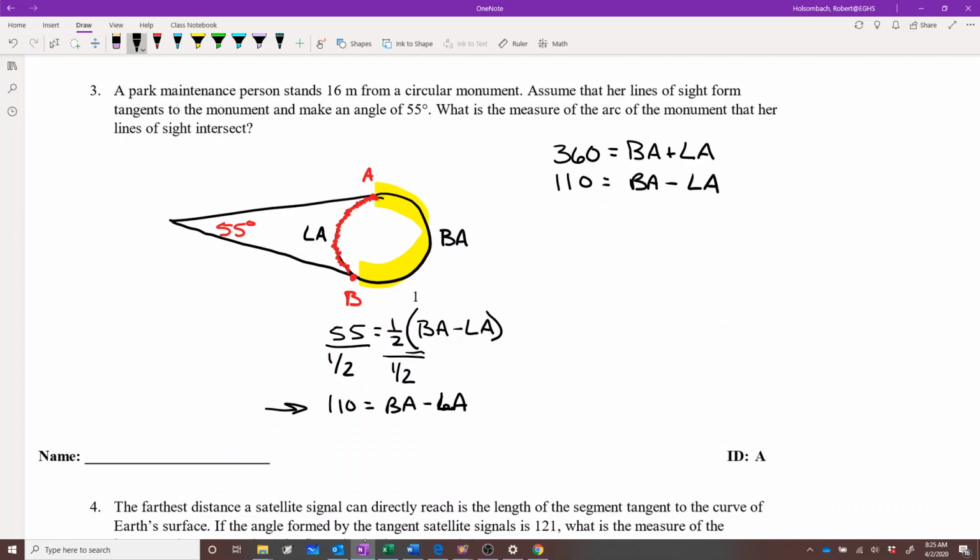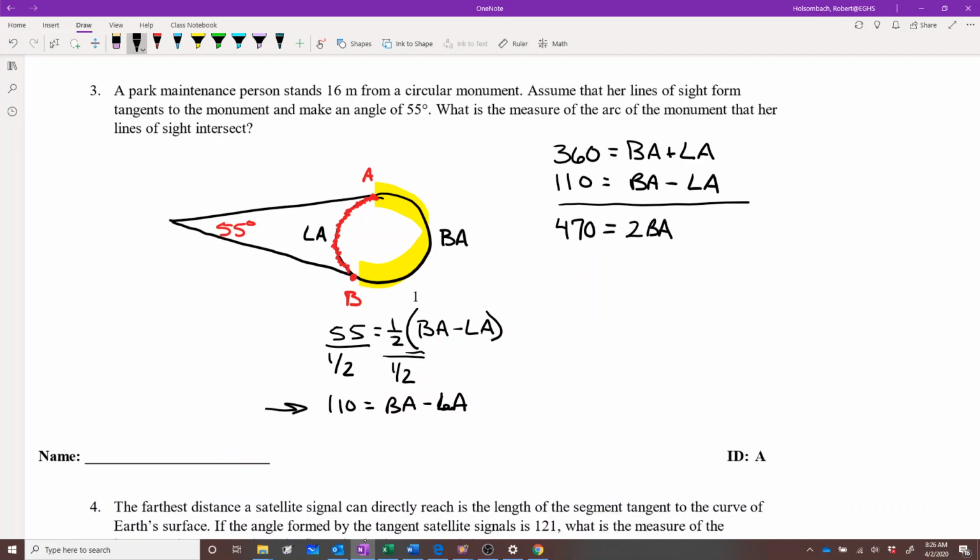So what we've created here is a system of equations, and we can use combination to solve for the big arc and the little arc. So if we combine these two equations, 360 and your 110, you get 470 equals a big arc plus another big arc. That's two big arcs.